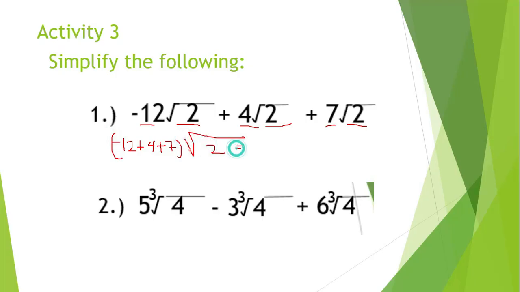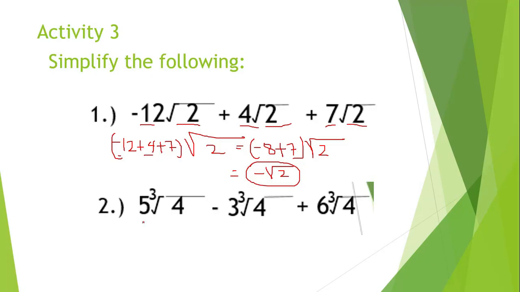Next is negative 12 plus 4 equals negative 8, plus 7, times the common expression, which is the square root of 2. Negative 8 plus 7 equals negative 1, then the square root of 2. This one is the answer.